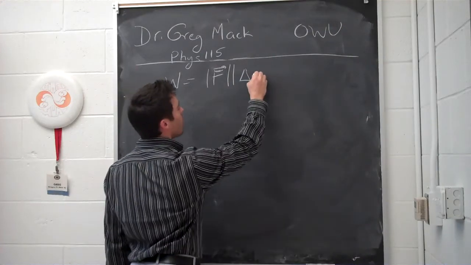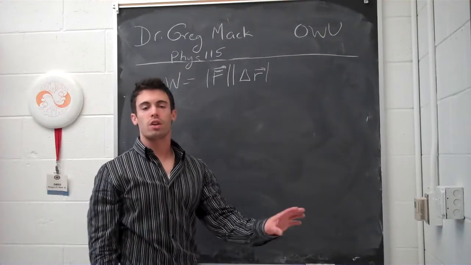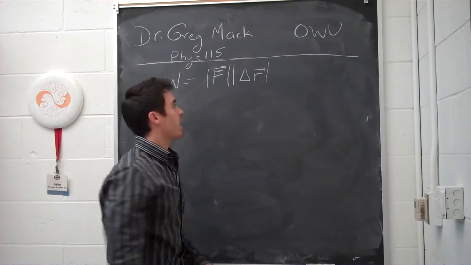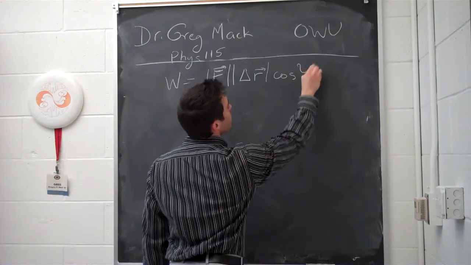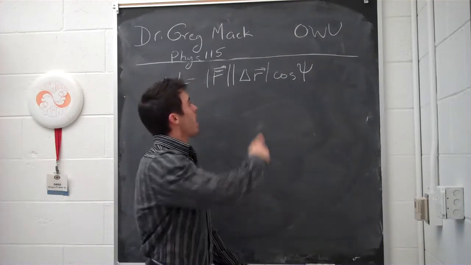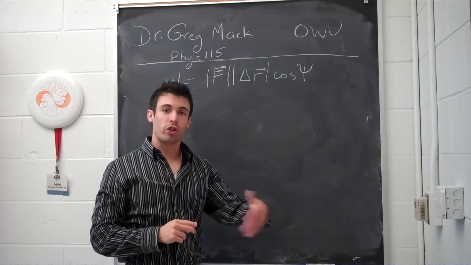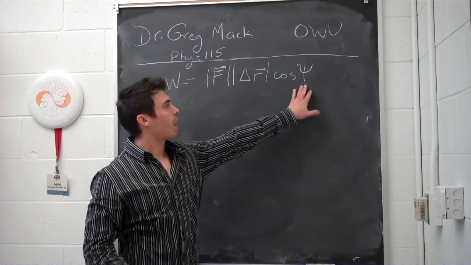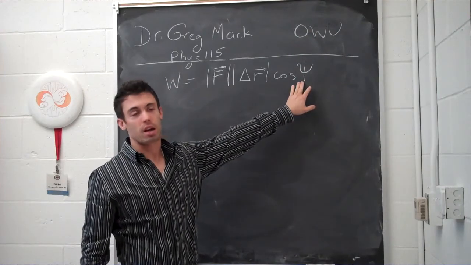I'm going to call that an R for right now, so that it's any kind of generic x, y, z, x prime, y prime, any of those, times the cosine of some angle between the displacement direction and the force, which, in order to not confuse from other angles we've been using for theta, we're going to use another commonly used variable for angles, lowercase psi.